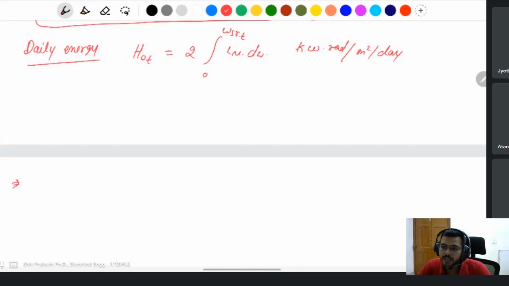A day is defined as 180 degrees at 12 hours, because omega is maximum 180 degrees, from minus 90 degrees to 90 degrees, sunrise to sunset. That's why a day is defined by a maximum 180 degree angle. But it is not always 12 hours; it will vary depending on the earth's rotation.